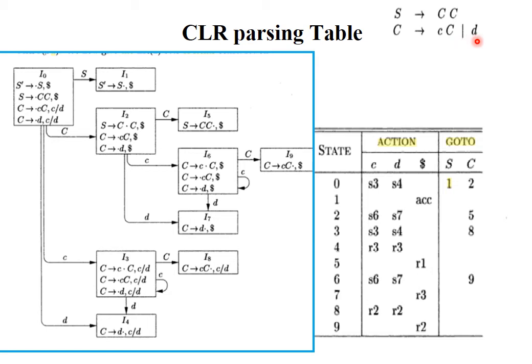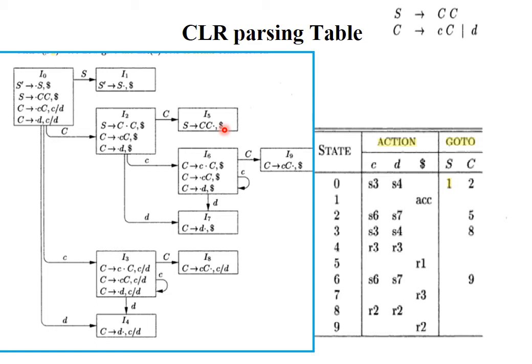The core part is the same, so we have to enter corresponding to 8 also: 8 under small c and d, we write R2. Here the lookahead is c and d, and in I9 the lookahead is dollar, that is 9 under dollar R2. So that is the case of R2.